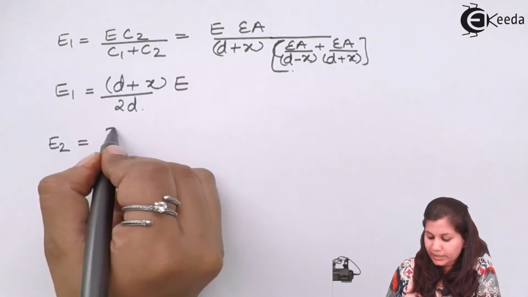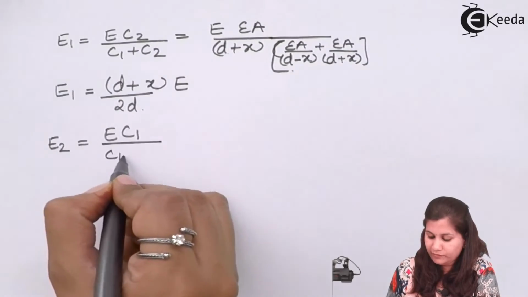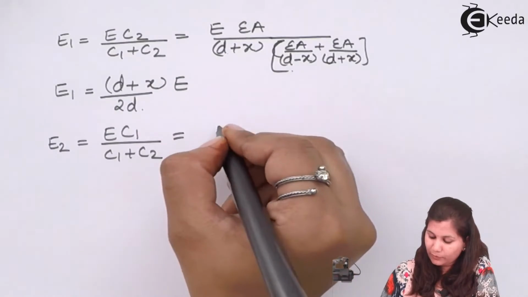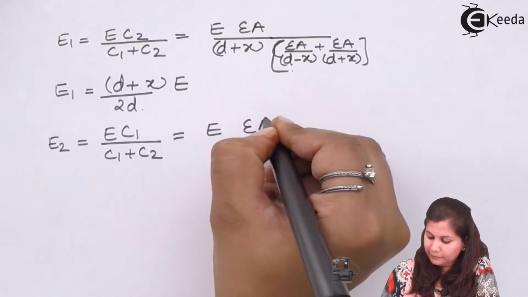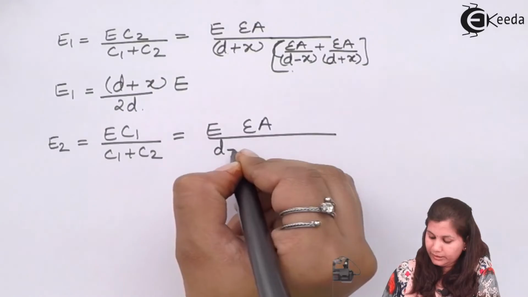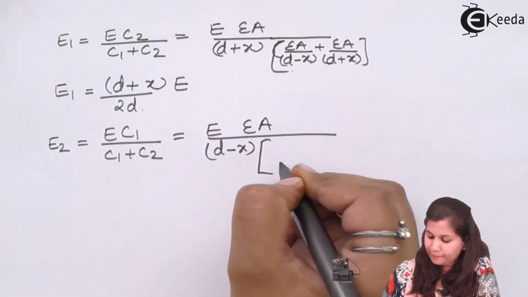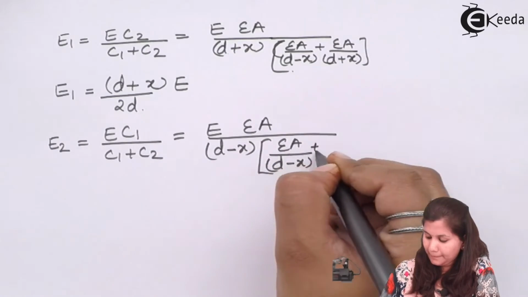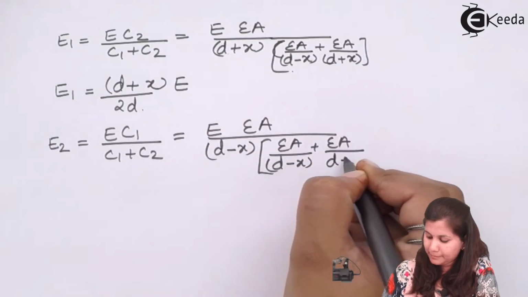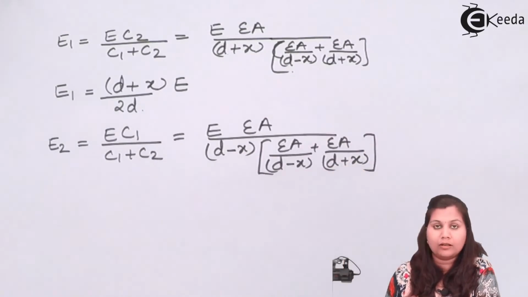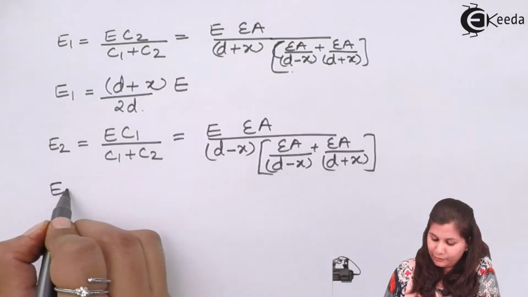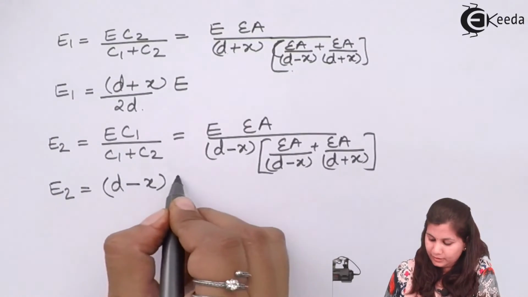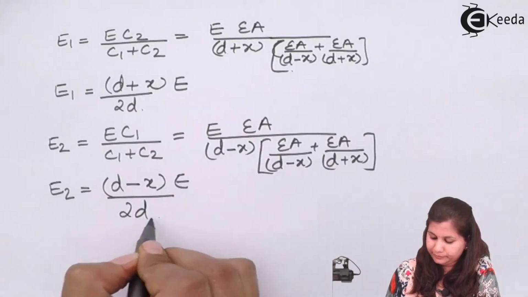Similarly, E2 is E C1 upon C1 plus C2. Putting the values of C1 and C2 in this equation, E epsilon A upon d minus x, and when we solve this, we get the value of E2 as d minus x, E upon 2d.